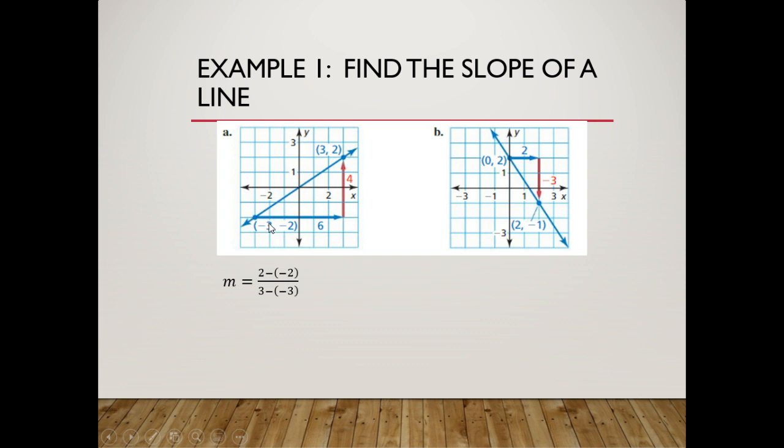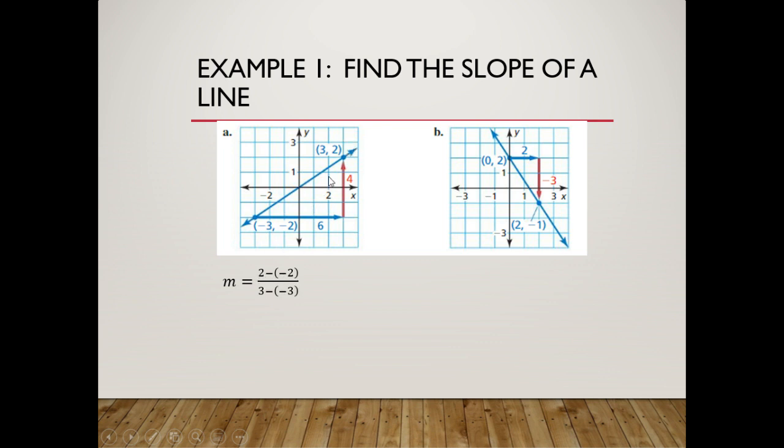Now, I show both of these methods because you can't always count. Sometimes you'll have graphs that won't lend themselves to you being able to count squares to figure out slope. So we need to be able to use this formula of y2 minus y1 over x2 minus x1 in those situations. So notice where these numbers came from.